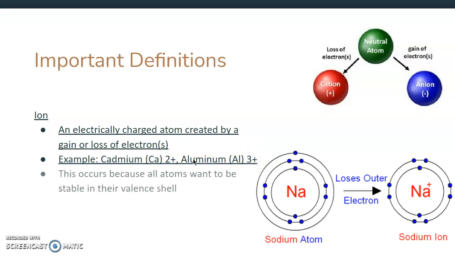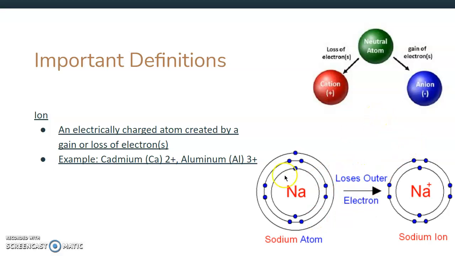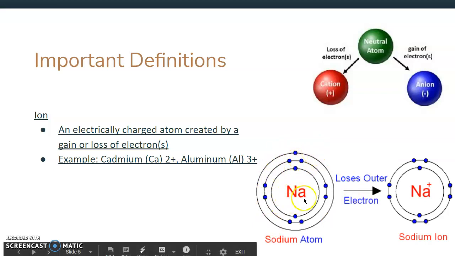How this works is our atoms like to lose or gain electrons based on how many valence electrons they have. We learned last week about valence electrons. For example, our sodium atom has 1 valence electron.